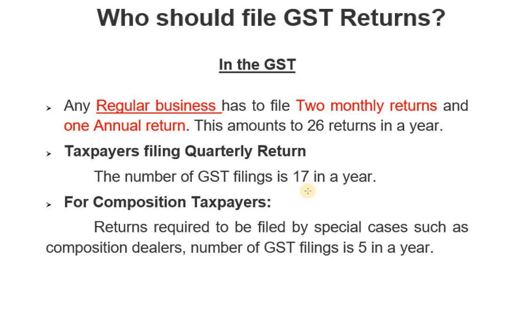For taxpayers filing quarterly returns, every quarter they have to file their return, and the number of returns that these taxpayers have to file in a year is 17. And for composition taxpayers, the returns filed by them will be 5 returns in a year.